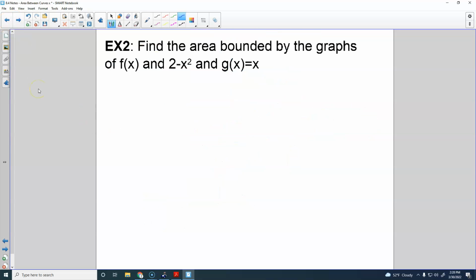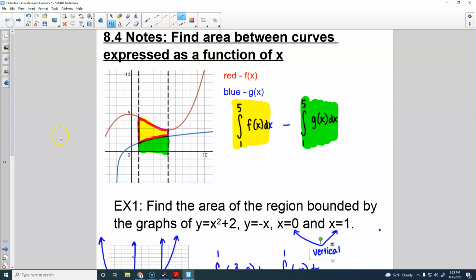So this would be used for finding areas of shapes that are very odd.